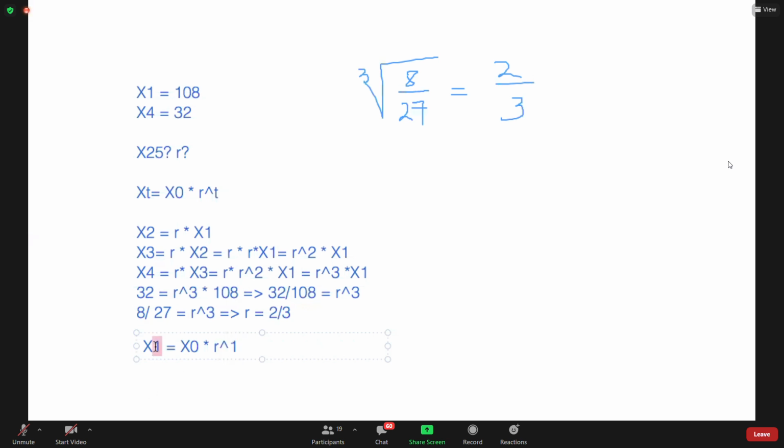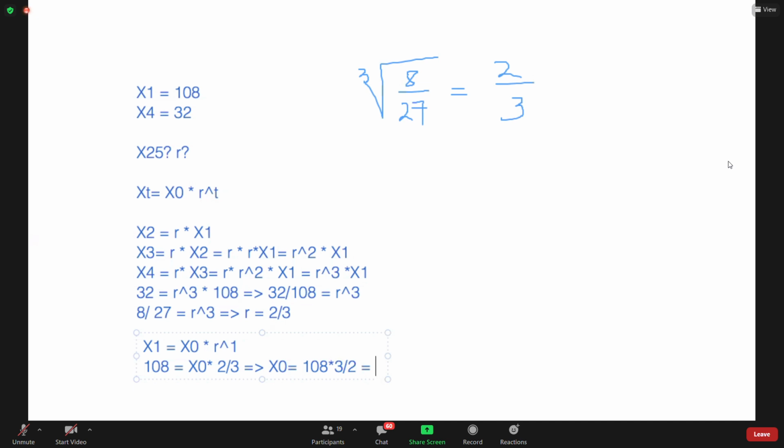Because this is the index of x1. 108, the value of x1, will be equal to x0, which we have to calculate because we don't know it, multiplied by 2 divided by 3. Which means that our x0 should be equal to 108 multiplied by 3 divided by 2.